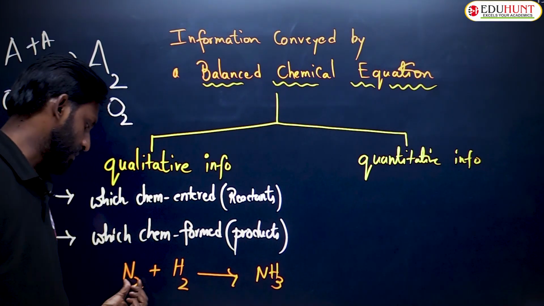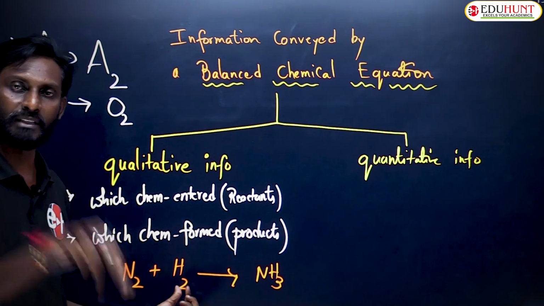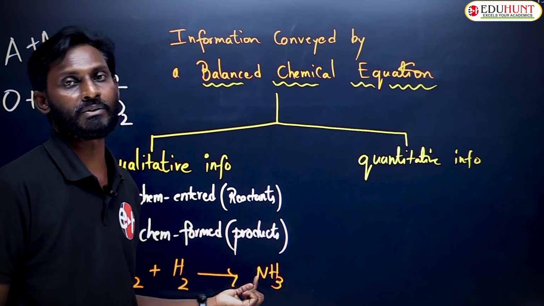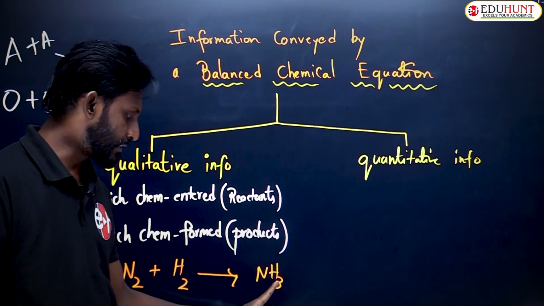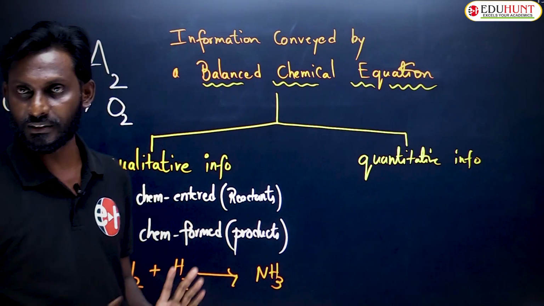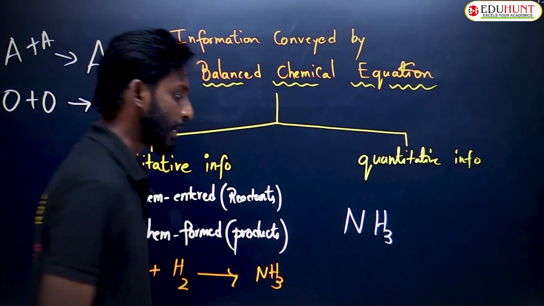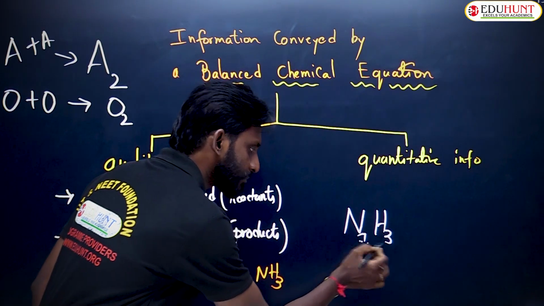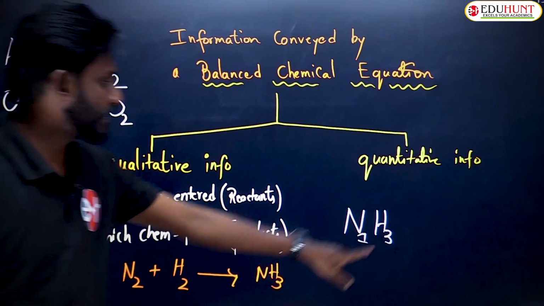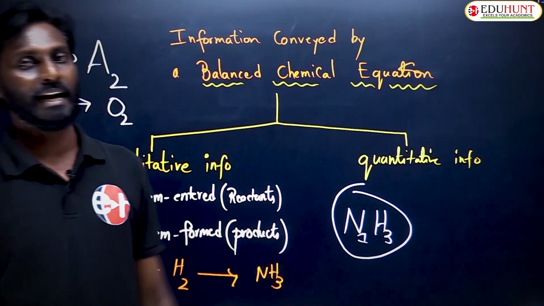So this subscript is telling you 2 nitrogen atoms in this molecule, 2 hydrogen atoms in this molecule. Here 3 hydrogen atoms and 1 nitrogen atom. So be careful, this 3 is telling about only hydrogen atoms, not nitrogen. If you see carefully, in NH3, the subscript of nitrogen is 1 and the subscript of hydrogen is 3. So in this entire molecule, 1 nitrogen atom and 3 hydrogen atoms are present.